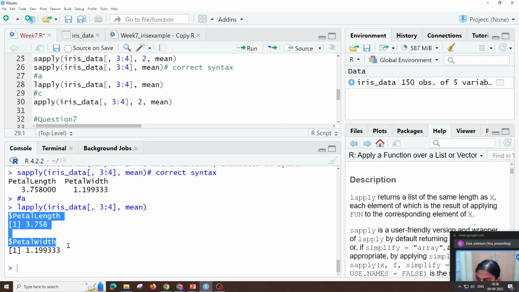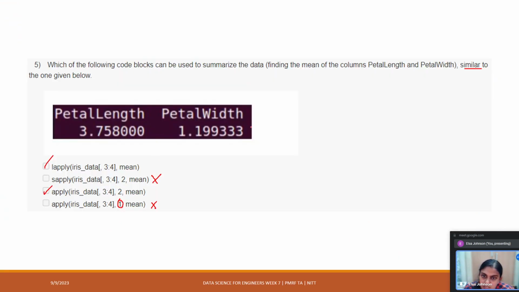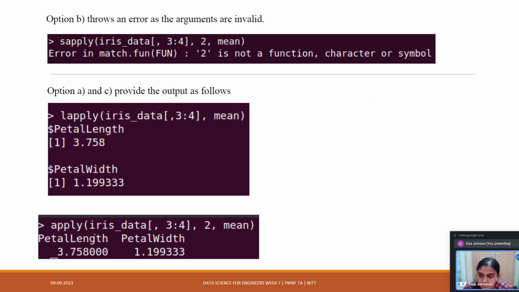Since it's given as similar, it doesn't mean all of them. One of the options gives the answer directly like this, or it can come in any other way. The only thing is that it should calculate the mean for that particular column. Okay Raghu, is it fine?